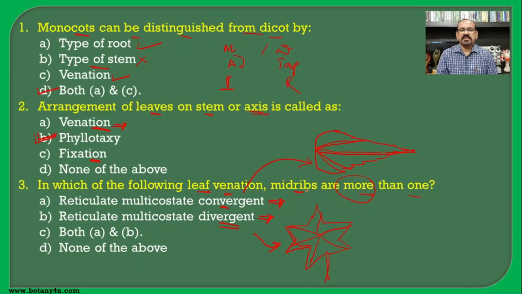It may be convergent or divergent when there are more midribs, but specifically we can say that it is a multicostate type of condition. So reticulate multicostate convergent or reticulate multicostate divergent is the correct answer for this one, and hence both A and B are the answer for this question.